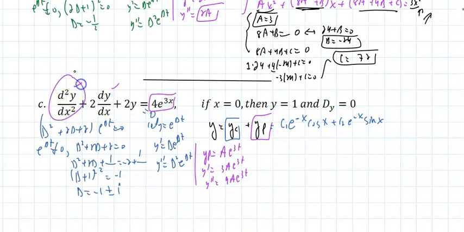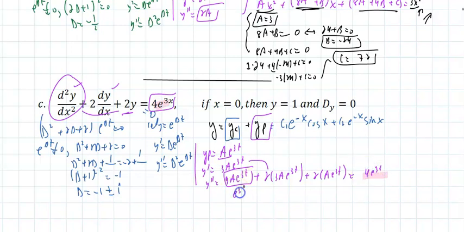Now if I plug those in, that right there, plus 2 times this, plus 2 times y, must equal 4 e to the 3t. If I factor e to the 3t, I'm looking at 9a plus 6a, that's 15a, plus 2a is 17a.